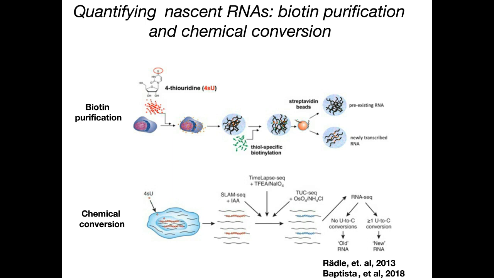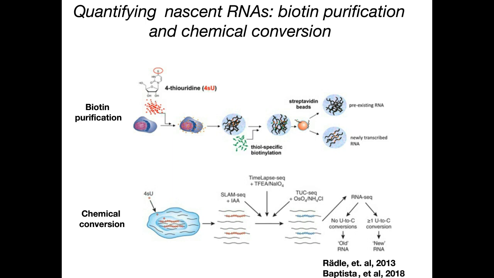For the chemical conversion, you actually don't need to separate the new RNA from old RNA and prepare two different libraries. What you do is perform a chemical conversion, either using IAA alkylation, or using some chemical hydrogen bond reconfiguration with the TimeLapse-seq protocol, or use TUC-seq to artificially create a T-to-C mutation.